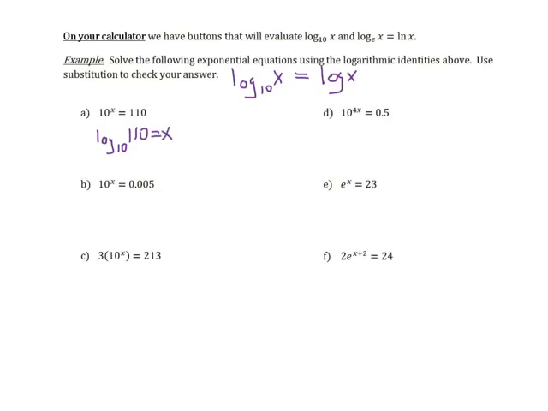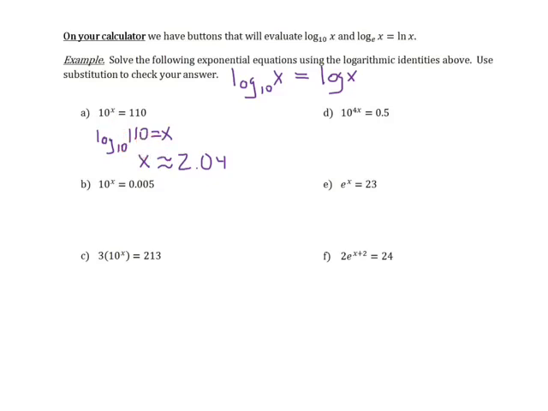Notice the base here is 10, the base here is 10. So we plug that into our calculator and we get an approximation: x is approximately 2.04. That's what we expect, because 10 to the second power is 100, so this is going to be a little bit bigger than the second power.